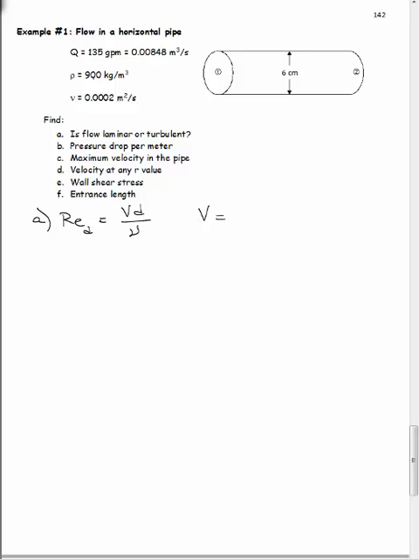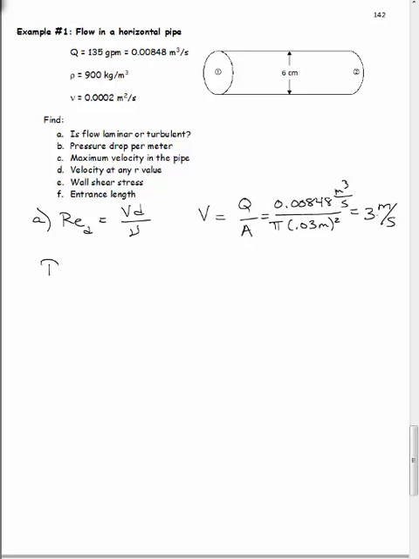We need a V because we've got a Q. We don't have a V, so we better calculate it: Q over A. And remember, this V in Reynolds number is your average velocity. It's not the maximum velocity or anything else. So we have a Q of 0.00848 meters cubed per second, and our area is just pi r squared, 0.03 meters squared. We get 3 meters per second.